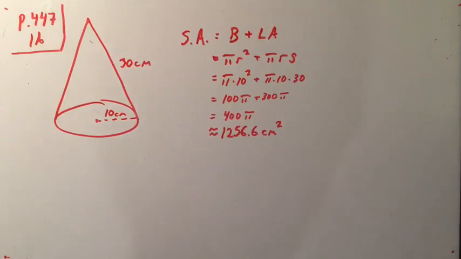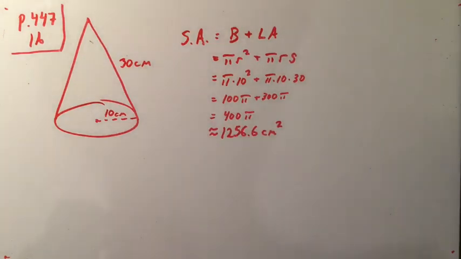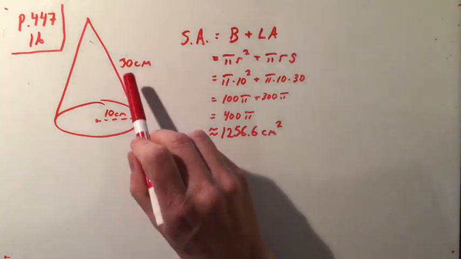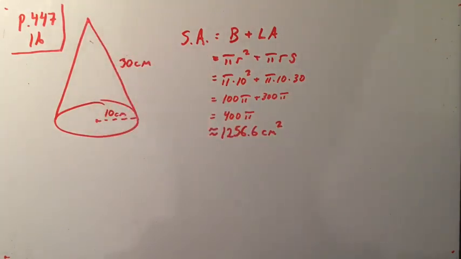Okay, so for the problems on 447, now we're looking at cones. So we're looking for the surface area of this cone, and the cones will set up exactly the same way as pyramids do. There's one base, and then there's a lateral area. The lateral area, though, is going to require the slant height, which is that distance from here to here along this edge.